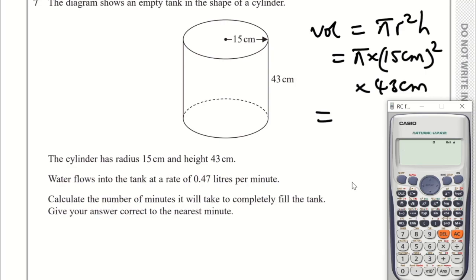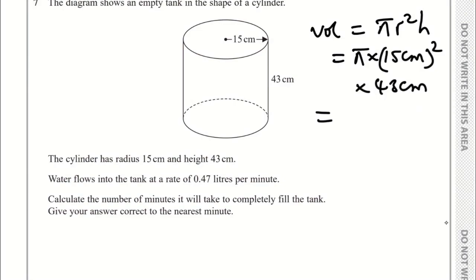That's pi times 15 squared, and then times 43. So what is this going to give us? That's 30394.90892. I'm going to estimate it to the nearest whole number, which is 30395.